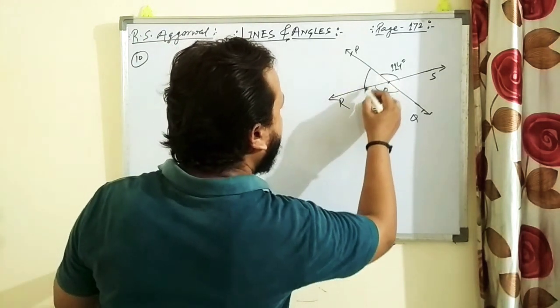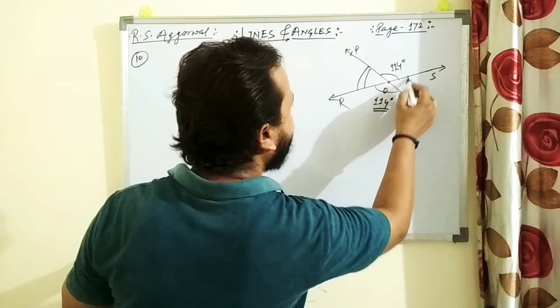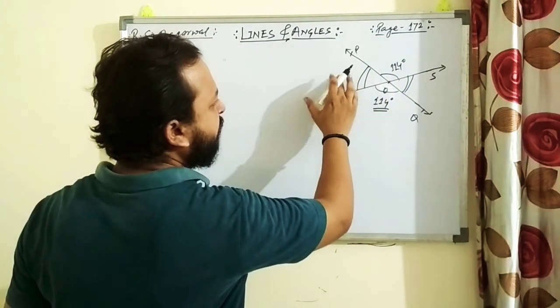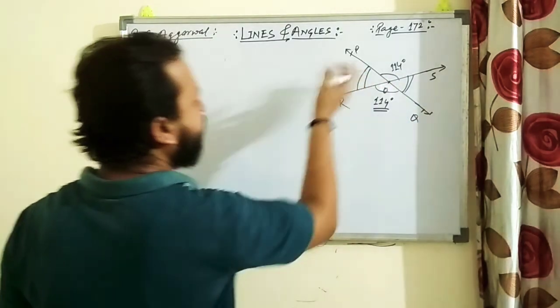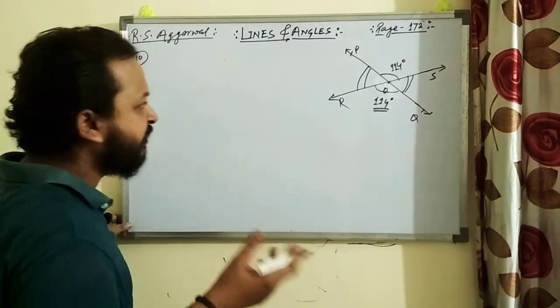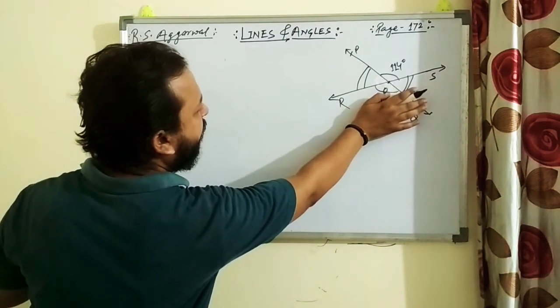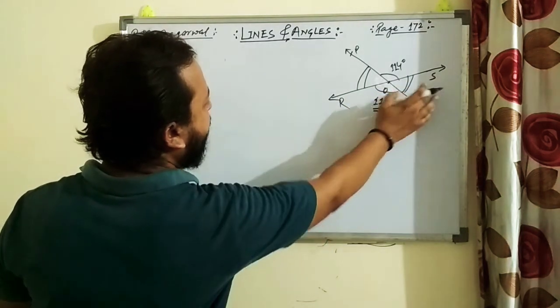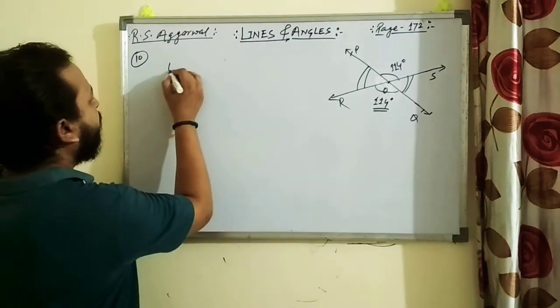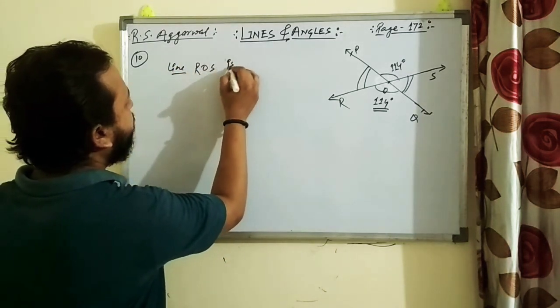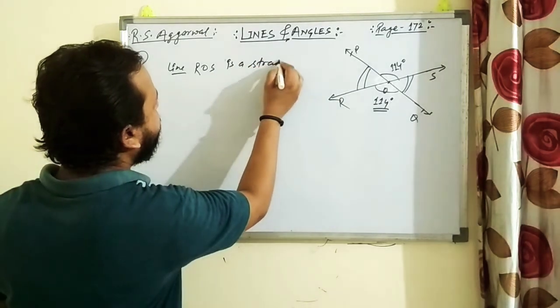Now you have to find this angle, and this angle is also vertically opposite to another angle. So if you find this angle or this angle, you can easily get the value of the other angle. Just look, line RS is a straight line, so ROS is a straight line.